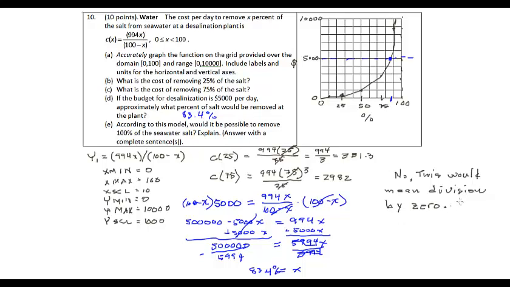You could put a lot of explanations, but essentially you should somehow reference the fact that 100 isn't even in the domain. It's less than 100. You can't remove 100%, absolutely 100% of the salt, because the model says division by 0 would be the result. Impossible.